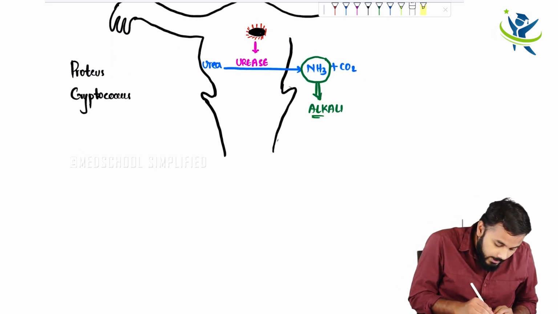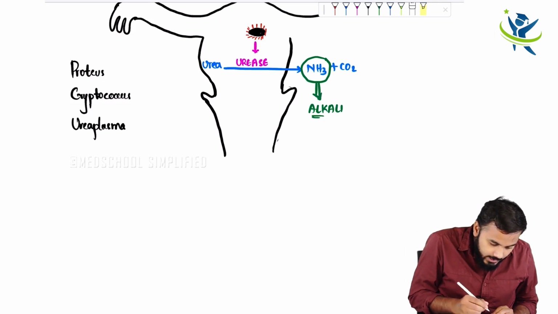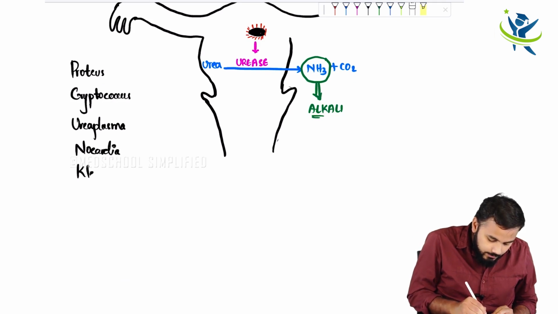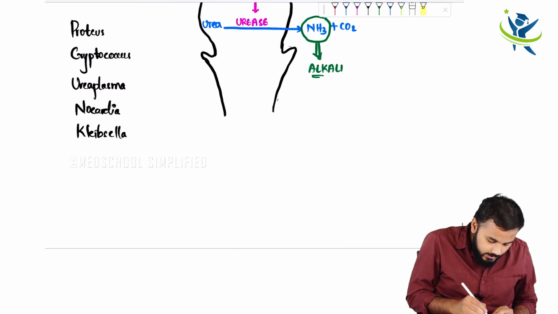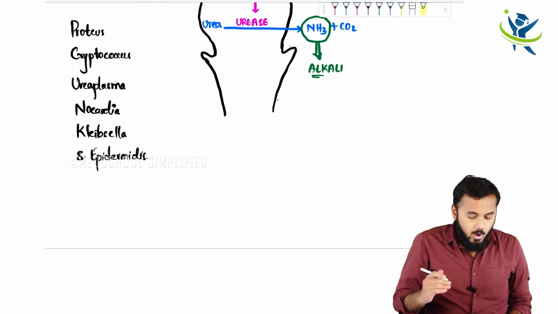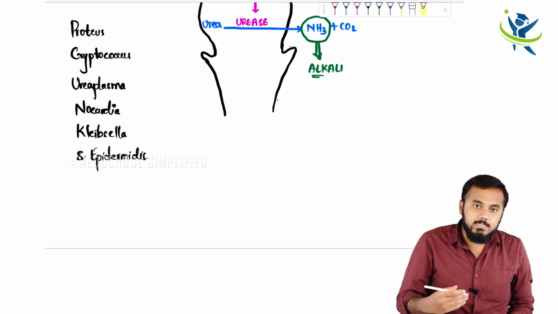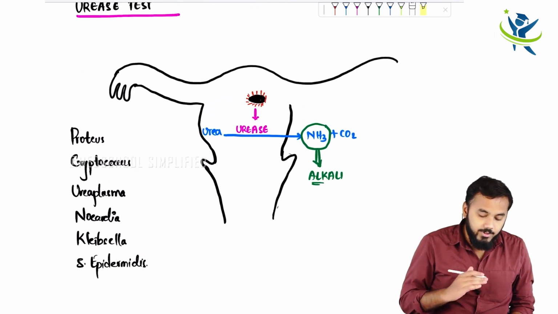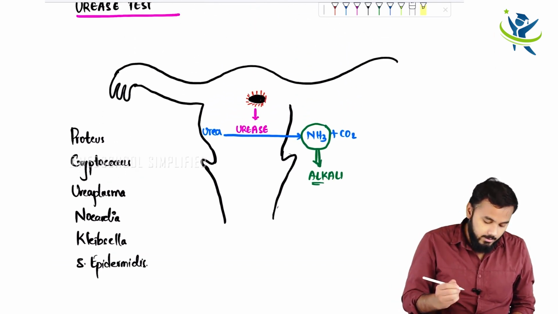Next is Ureaplasma, Nocardia, Klebsiella, and finally Staphylococcus epidermidis, which I told you. So all these bacteria release urease and they can live very happily in the female reproductive tract.